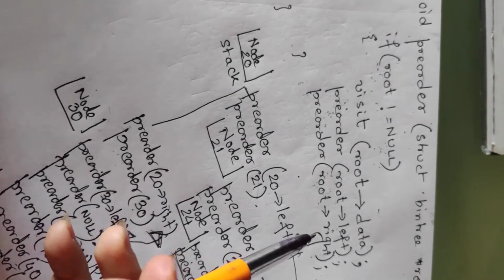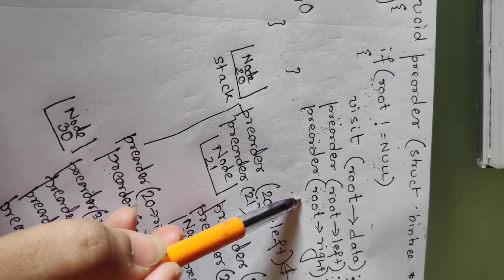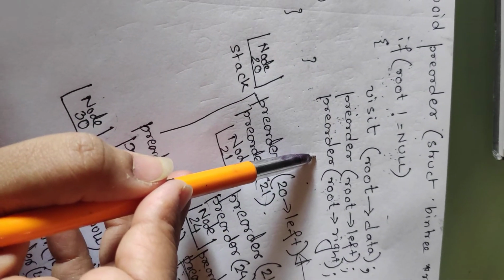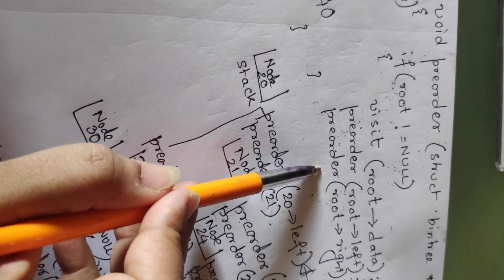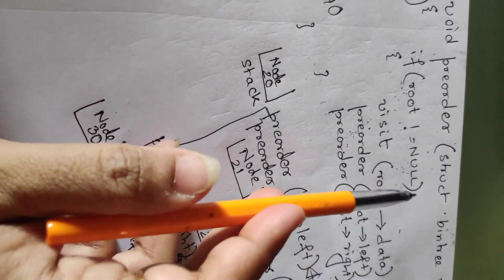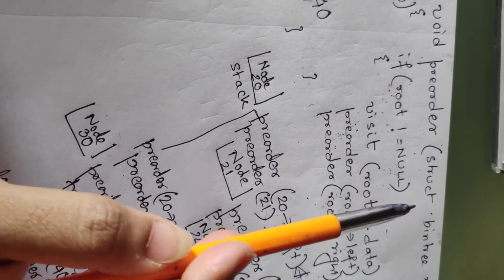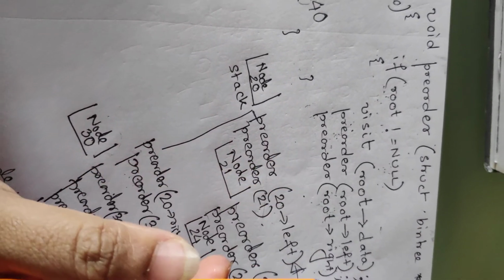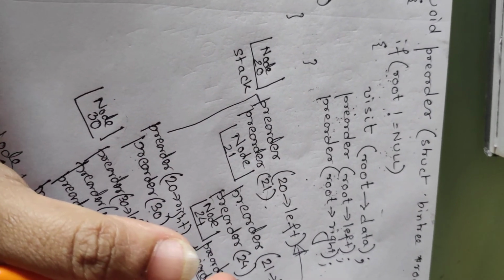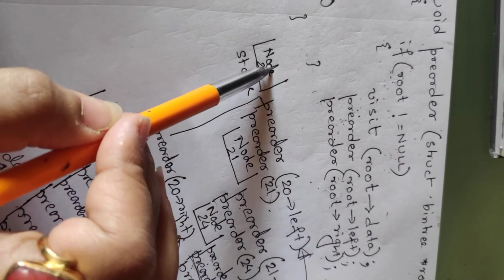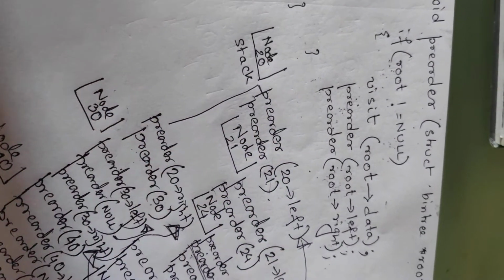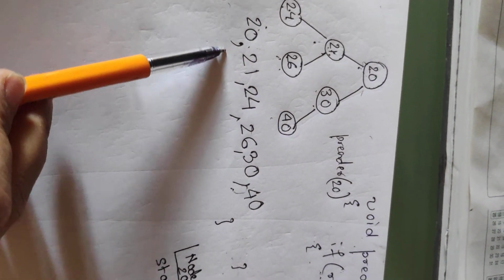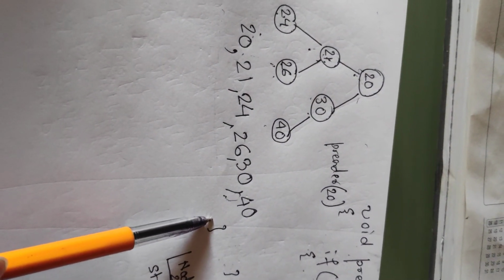Now as soon as you come back to preorder 20 right, you have nothing left to be done with the node 20. So as a result, your whole algorithm stops because you have already covered all the calls to all the children of the root node. So that is what you get after the preorder traversal.